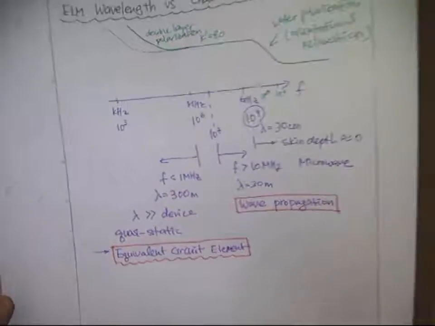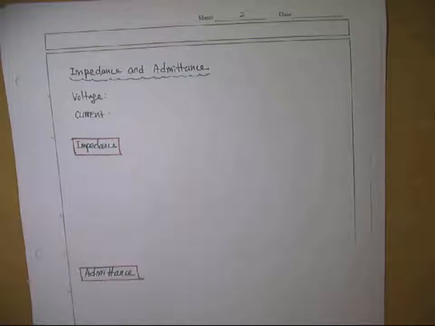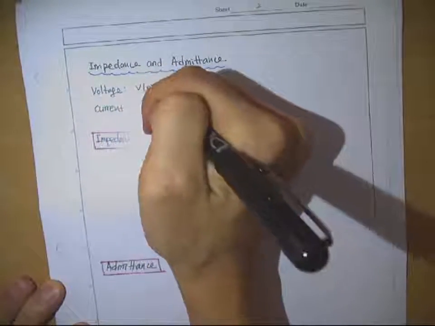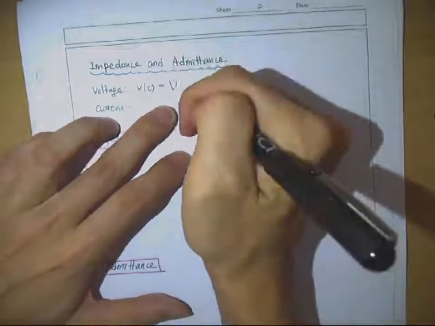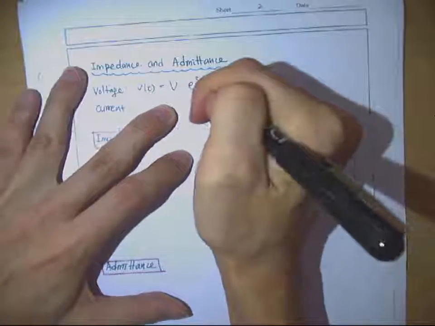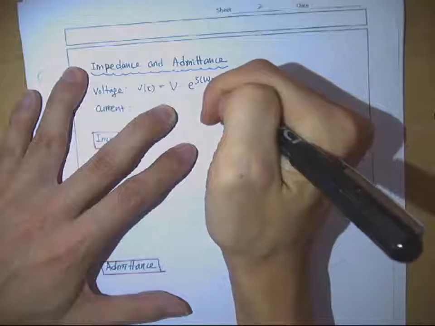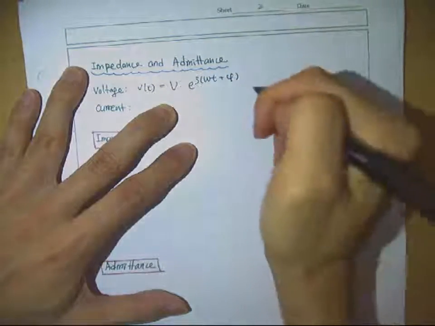Okay, let's move on. Then we'll talk about the impedance and admittance. Say that we have an oscillating voltage that has the amplitude of V and exponential function of j omega t plus phase angle phi.